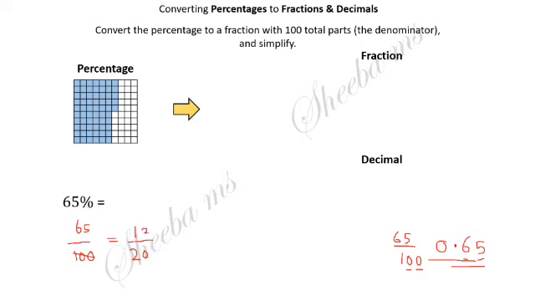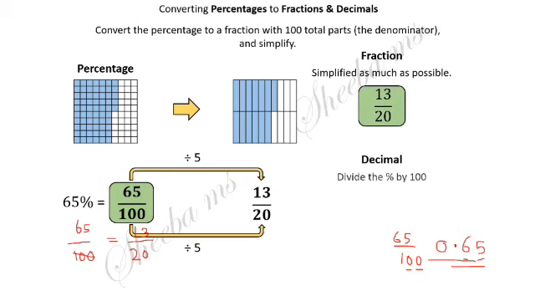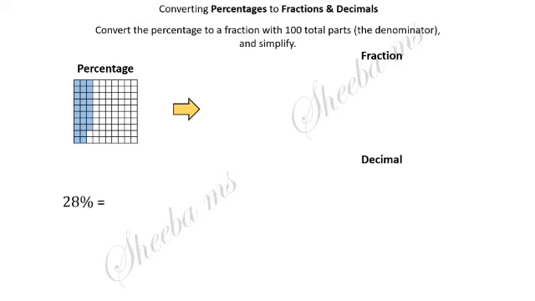There are 13 5s in 65. So 13 by 20. As a fraction, we can say 13 by 20. Here it is 0.65.